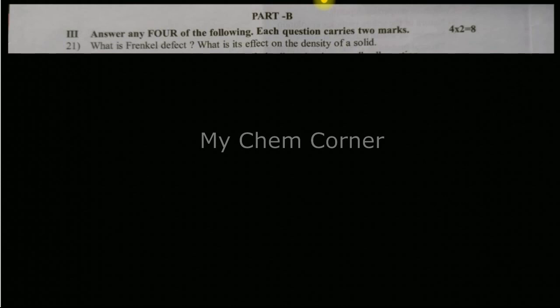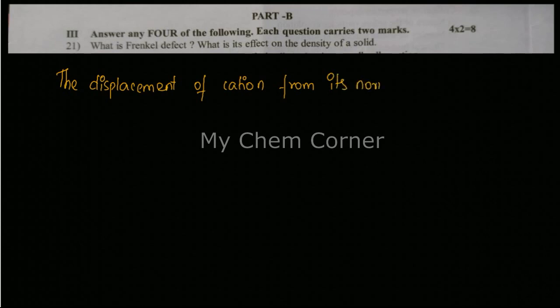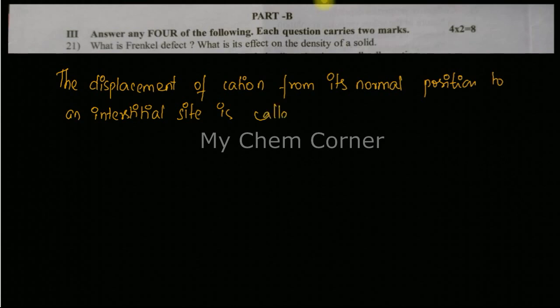So here we can write that the displacement of cation from its normal position to an interstitial site is called Frenkel defect.